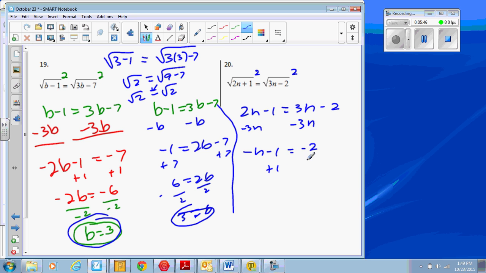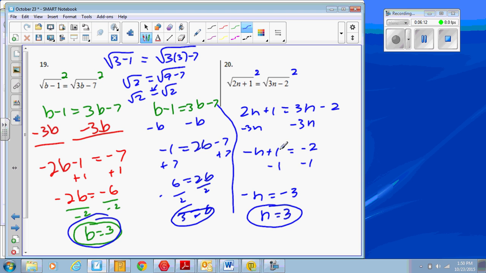Add 1 to both sides. I copied it down wrong, sorry. 2n plus 1 here, so this would have been plus, which means this part here, I apologize for that, minus 1, that gives negative n equals negative 3, n equals positive 3.